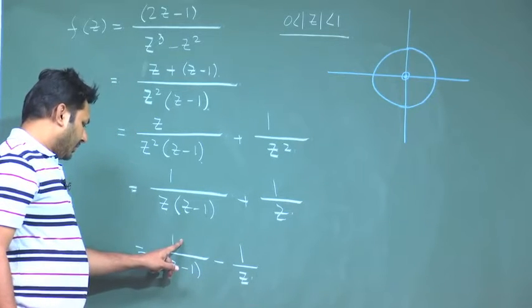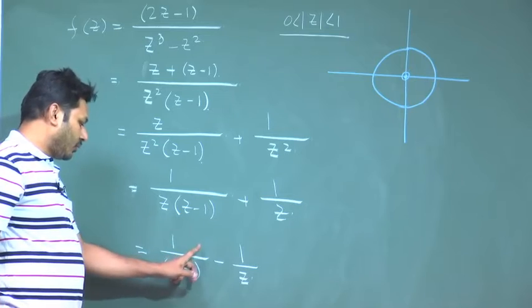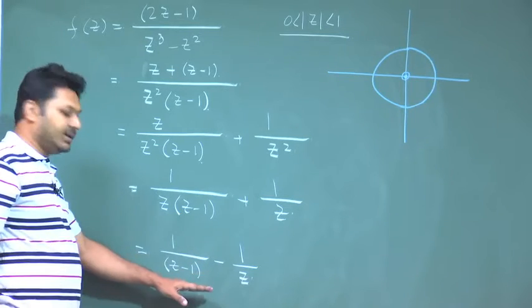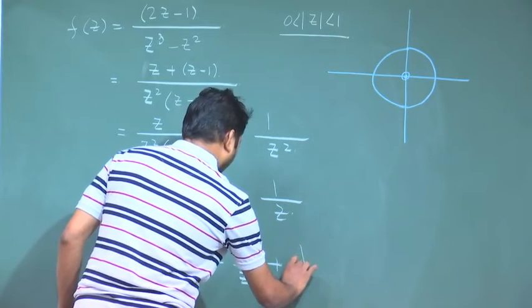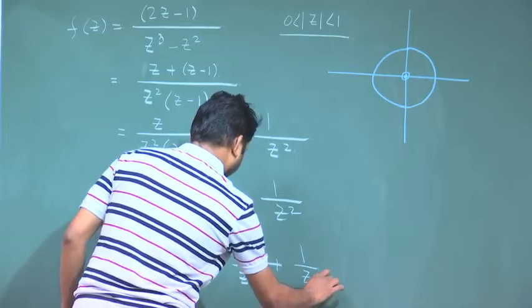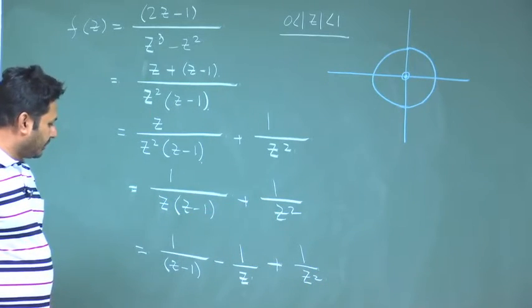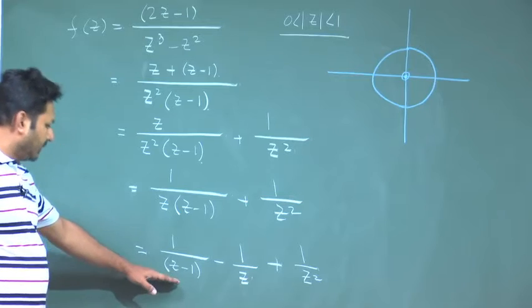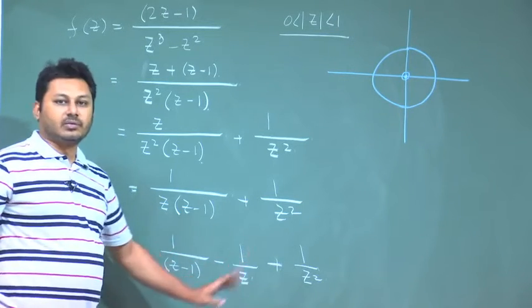This z goes here, this z minus 1 goes here with a negative sign, z will cancel out, we will have 1. So, I can factorize this quantity in this way, plus 1 by z square as usual.